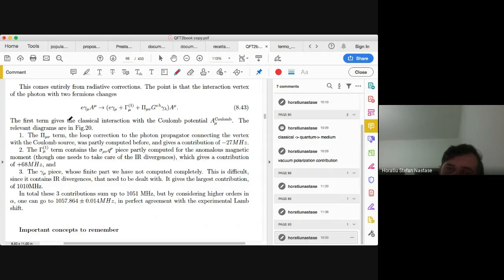And as far as I know, people have always been trying to find alternatives to quantum field theory, but nobody who is relevant. So after the Lamb shift, nobody really questioned the fact that quantum field theory calculations work.